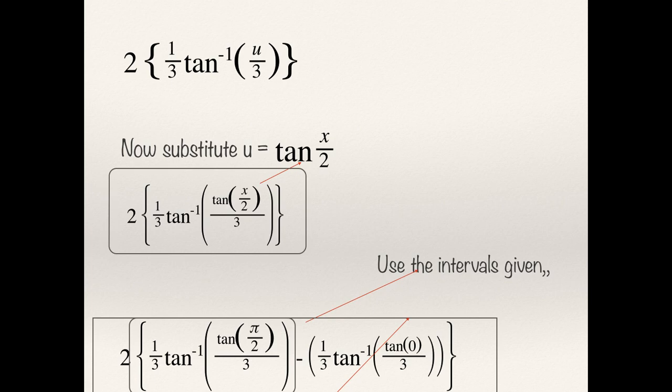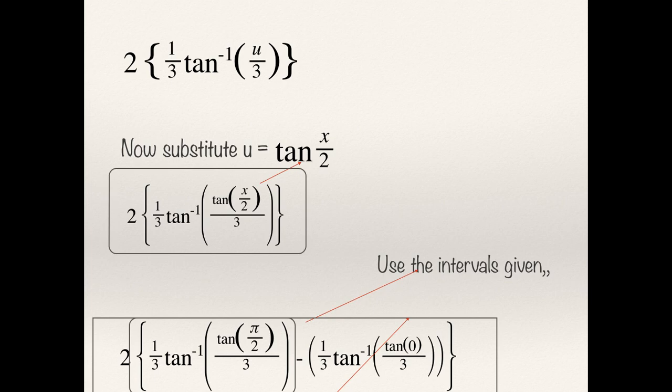When you're finding area, you have to use the intervals to get the exact amount of area that a curve occupies. So when you replace the values with the intervals given in the question, if you replace x is equal to pi and x is equal to 0, what do we get? That's the key concept.